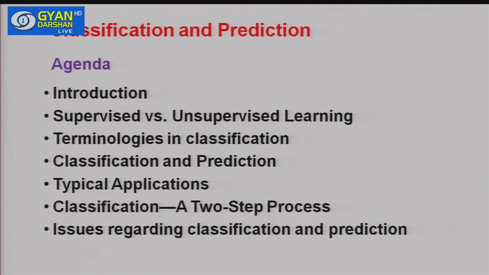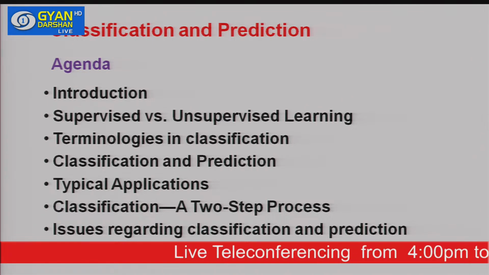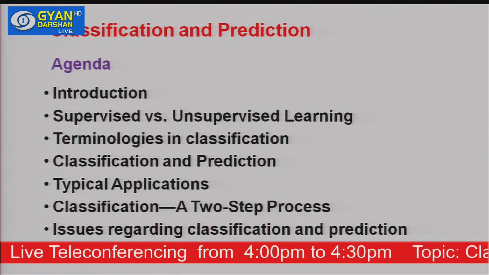Then we will differentiate between classification and prediction, followed by the different applications we have for the classification process. We will also talk about how classification is basically a two-step process, followed by different issues regarding classification and prediction.